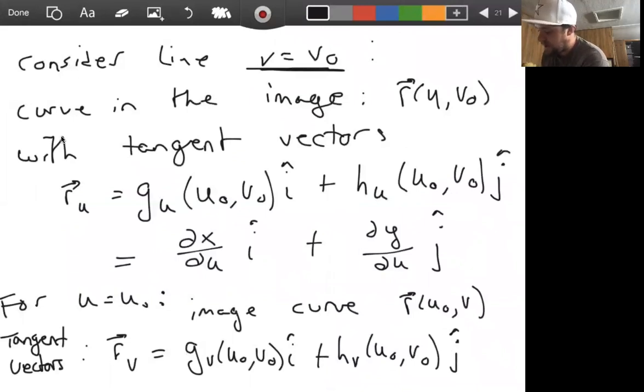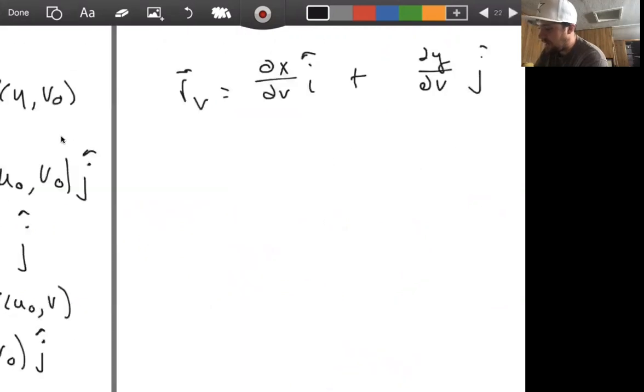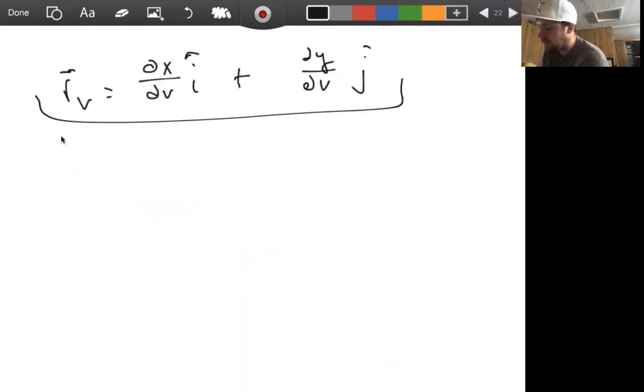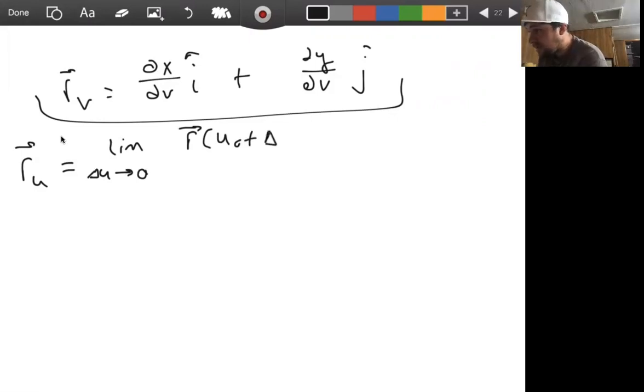And so we have that r sub u is dx du I hat plus dy du j hat, and then r sub v is similar but with the v coordinates. What we also know is the limit definition of these derivatives. So we have the limit for r sub u as delta u goes to 0 of r of u naught plus delta u, v naught minus r of u naught, v naught, right?